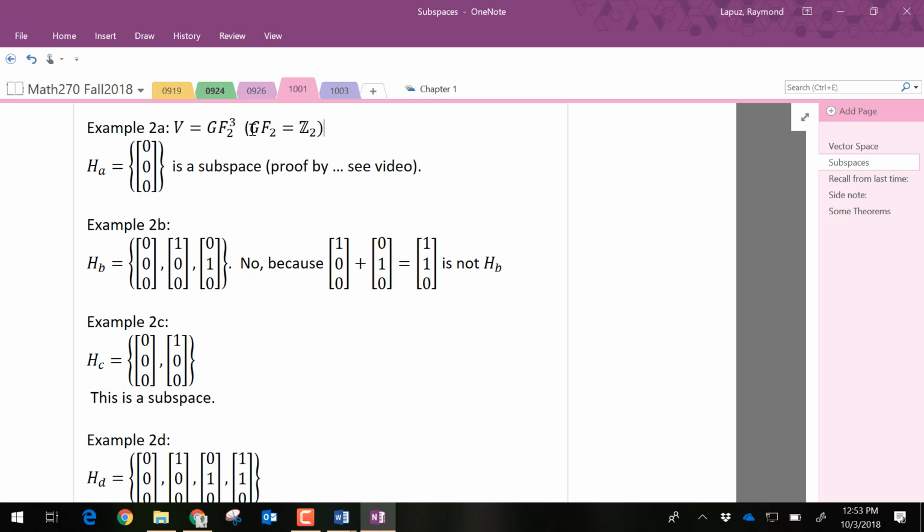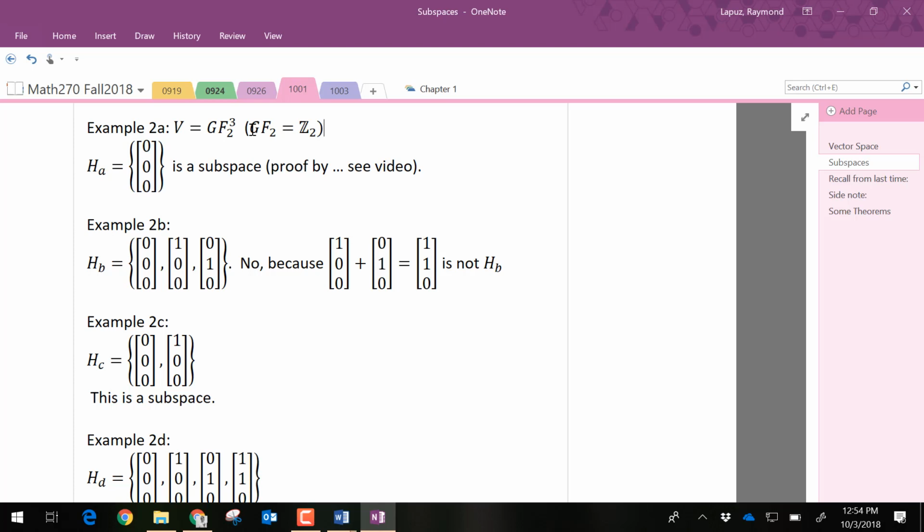Anybody speak German? How do you say integer in German? I don't know. It starts with a Z. Zahlen? So it came from the Germans. Usually a lot of the stuff comes from Latin, but this particular symbol came from the Germans. So this Z is the set of all integers in math.